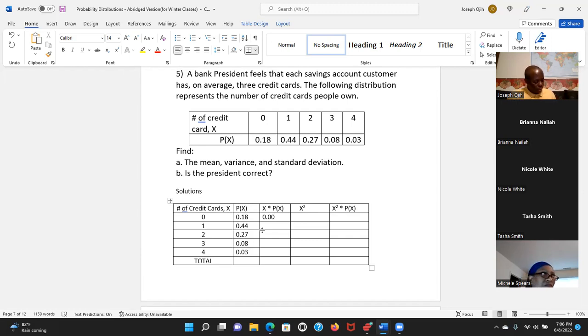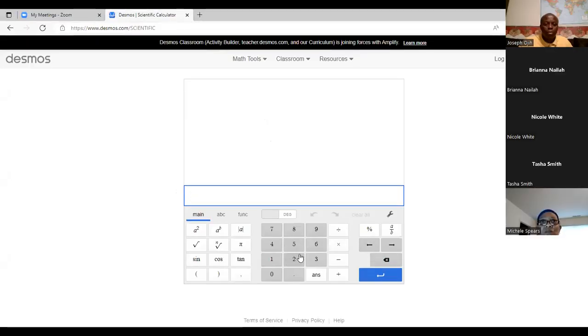Okay, I got it. Now, 1 times 0.44 gives us 0.44. 2 times 0.27 gives us 0.54.